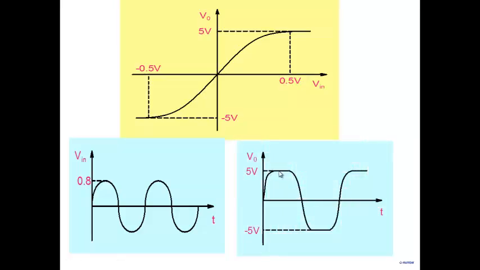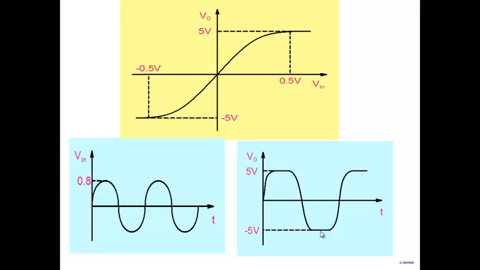You would start to see clipping, because the output cannot go beyond this. Your sinusoid is expecting to go up to, let's say, 6 or 7 volts on the positive side and 6 or 7 volts on the negative side, but there is an absolute limit for an amplifier. You can't go above the maximum voltage swing, so you would start to see clipping. The sinusoid would be clipped at the top, and it may be clipped at the bottom.